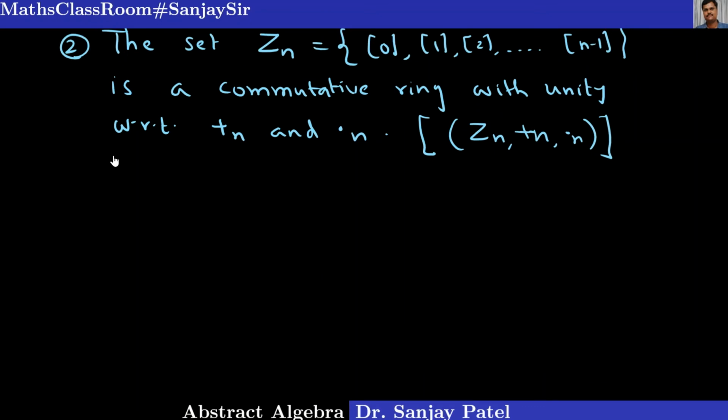And moreover, we can note that the ring Zn has exactly n elements. See, starting from 0 up to n minus 1, there are exactly n elements. Okay, so Zn, plus n, dot n is an example of a finite ring having n elements, which is commutative and also has the unity, which is the class 1.